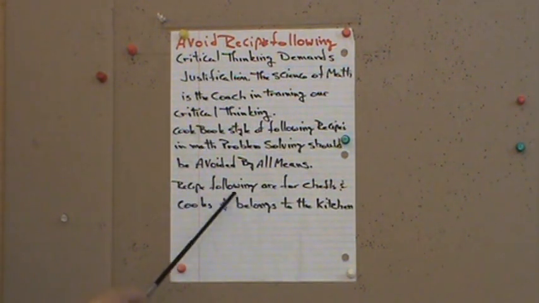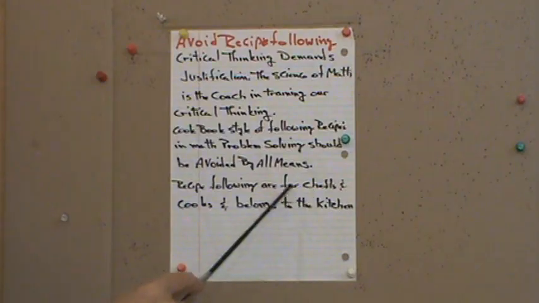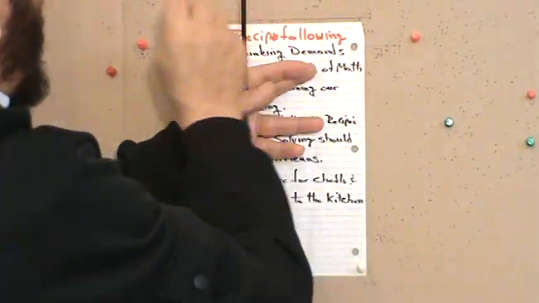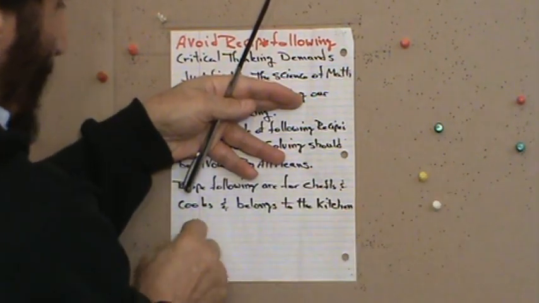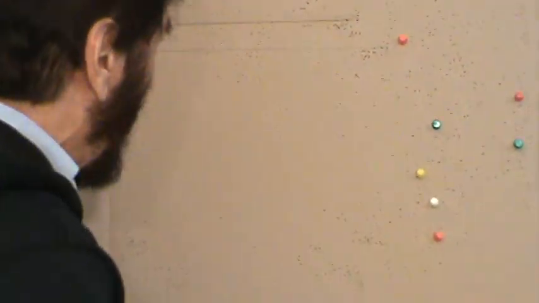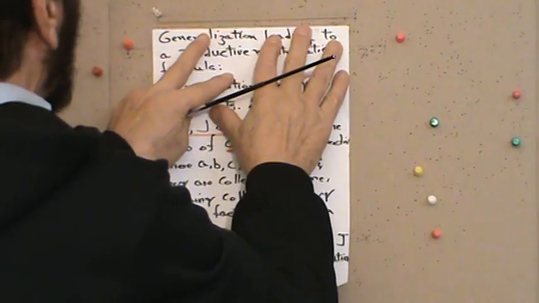Now, recipe following is for the chefs and cooks and belongs to the kitchen. It does not belong to the classroom. It does not belong to learning mathematics. It's not learning really. You may do well in the test and get it, but in reality you haven't learned it.